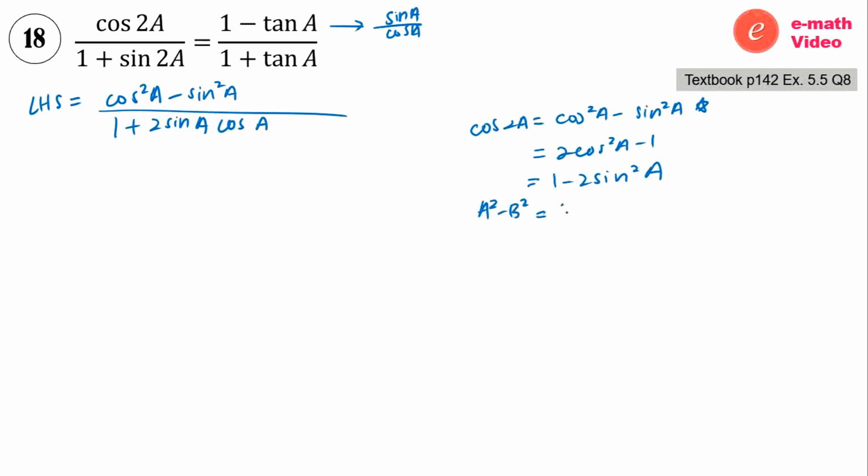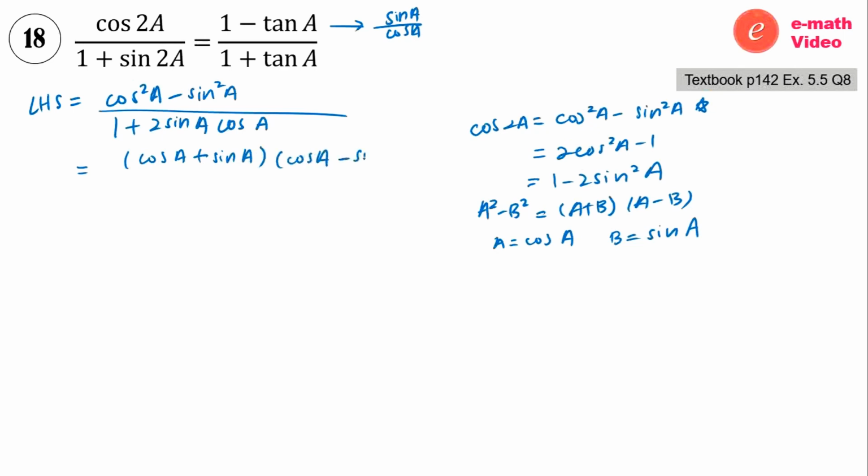This is actually equals to A plus B, A minus B. In this case, our A is cos A and B is sine A. On top, we will have cos A plus sine A, then cos A minus sine A. On below, because later we need to cancel out with one of the brackets on top, right?